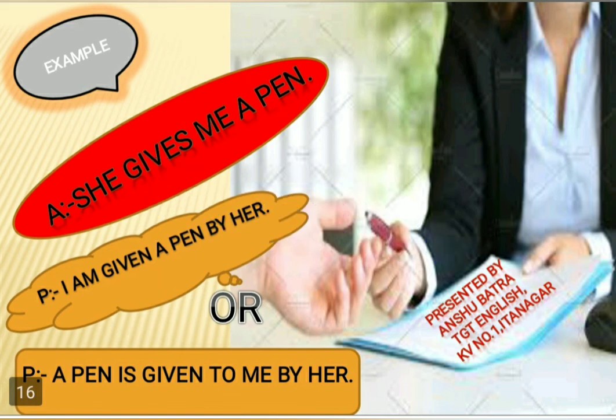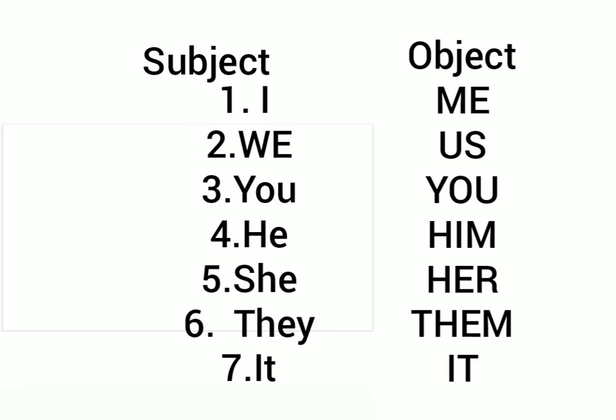At last, I want to draw your attention towards the changes in subject and object places. Dear students, if any pronoun is in subject place and is transferred to object place, some changes take place. Same thing happens when we bring object to subject place. So the changes are as follows. If in subject place I is there, it becomes me in object place.